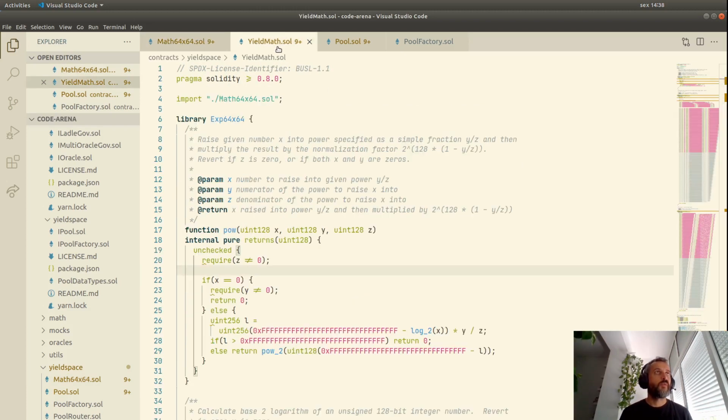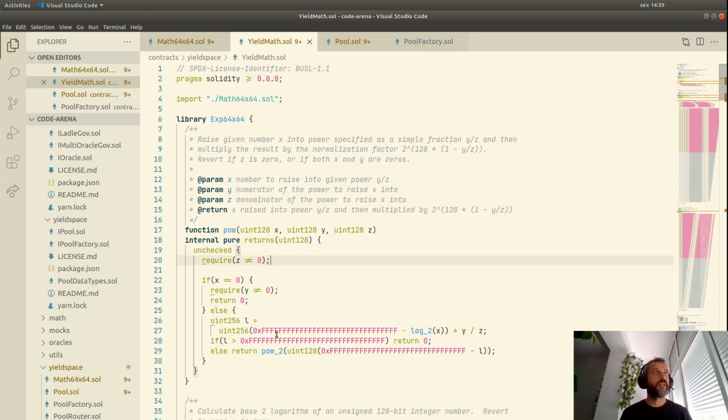What we got was this YieldMath library, which we used in v1, and for v2 the only difference is that we have again upgraded the pragma, and later down I'll show you that I've rewritten the variables so that they're actually easier to understand.